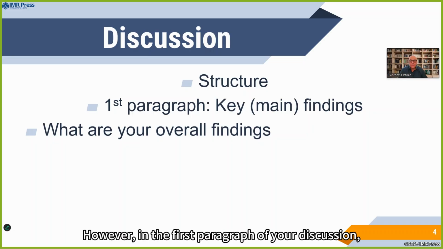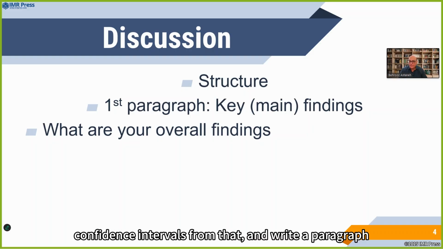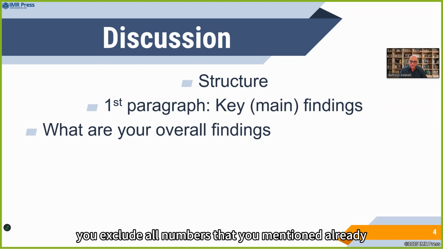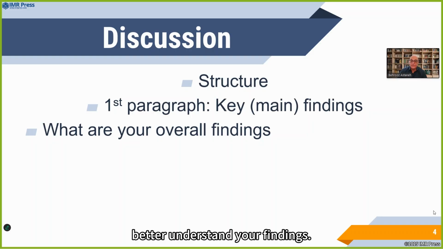However, in the first paragraph of your discussion, you need to summarize all those findings, excluding all numbers, all p-values, and all confidence intervals, and write a paragraph in order to give the readers a straightforward understanding of your overall findings. So in the first paragraph of your discussion, you exclude all numbers that you mentioned already in the results. You gather and summarize all your findings in a paragraph for better understanding by the readers.